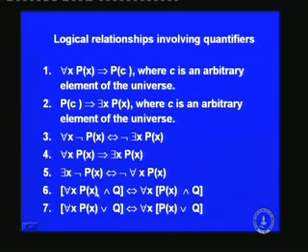And here if q does not involve x, whether you bring it inside the bracket or outside the bracket is immaterial. So if q does not involve x, for all of x, p of x and q is equivalent to saying for all of x, p of x and q. Similarly, if q does not involve x, whether you put q inside the parenthesis or outside the parenthesis is immaterial. These two will be equivalent.